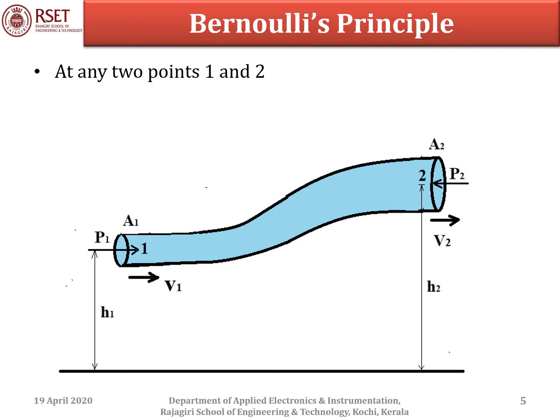So the previous relation holds here. So P1 plus rho v1 square by 2 plus rho g h1 is equal to P2 plus rho v2 square by 2 plus rho g h2. This is Bernoulli's principle or Bernoulli's equation, and we will see how this is derived in the following slides.